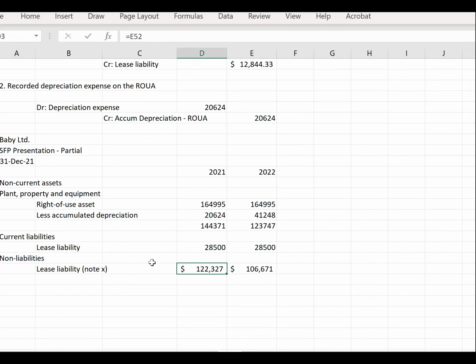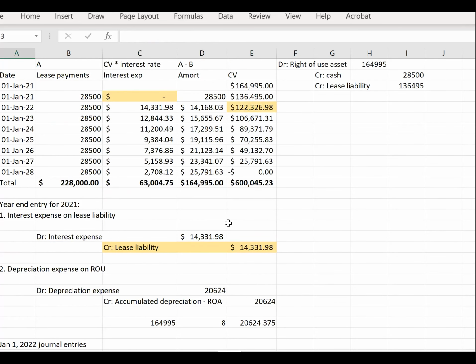And our non-current lease liability, this should say non-current, sorry, is going to be right from our amortization schedule. So you can see here's on January 1st, 2022. So basically December 31st, 2021 is going to be the carrying value of our lease liability. This is all long-term because it's going to be amortized over the future down to zero.